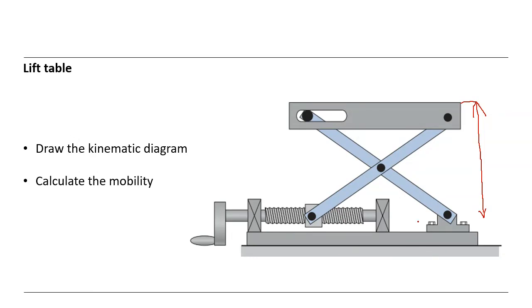We have a slider and pin joint here, a slider and pin joint here, and here we have a pin joint, and here we have a slider, for example. So any idea?